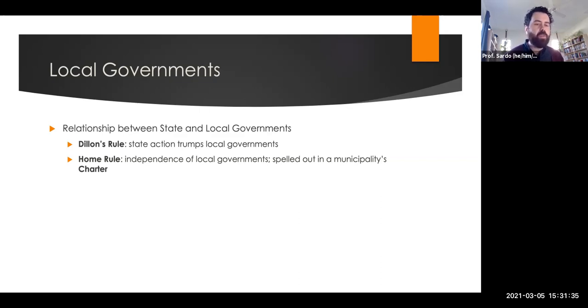And these are spelled out in the charter of that municipality. So the city of Los Angeles has its own city government, has its own ability to pass laws, and as long as it doesn't violate state action, is not superseded by state action, it has a relative amount of independence here.